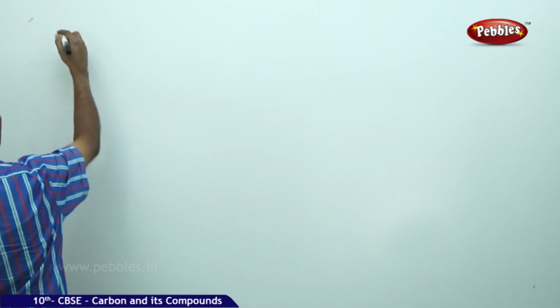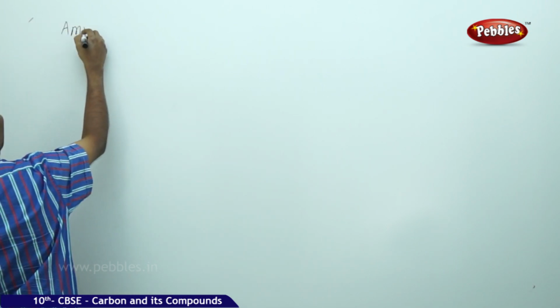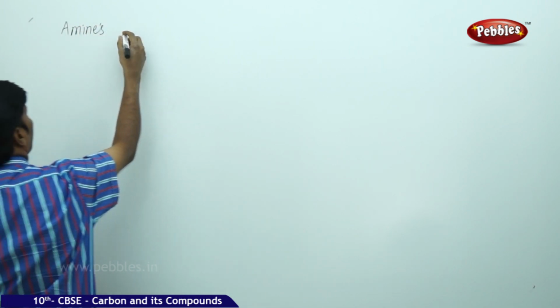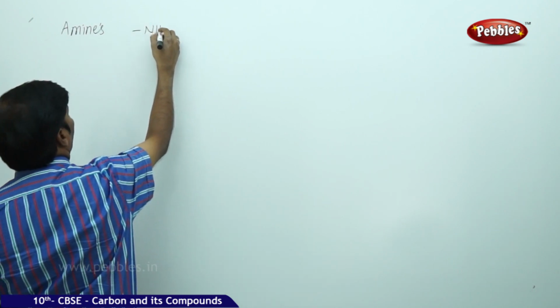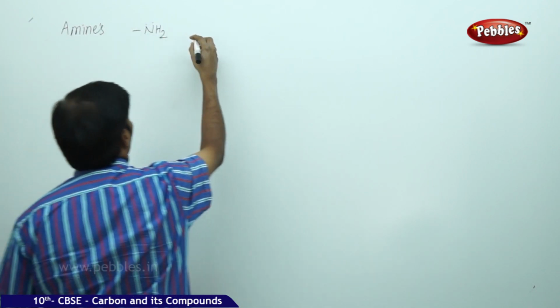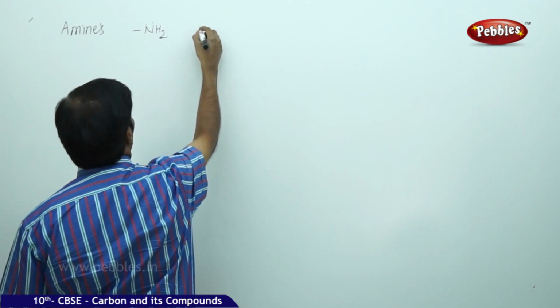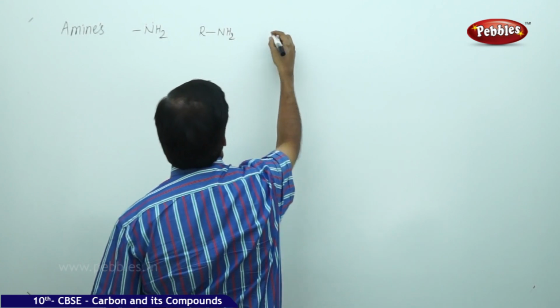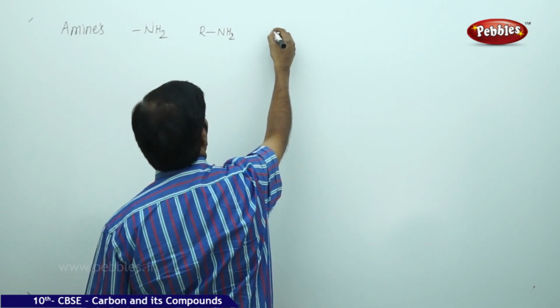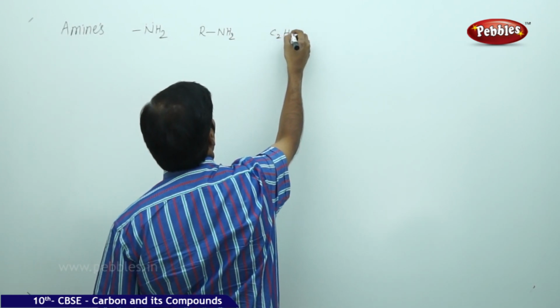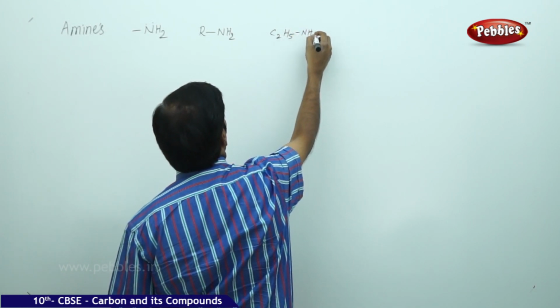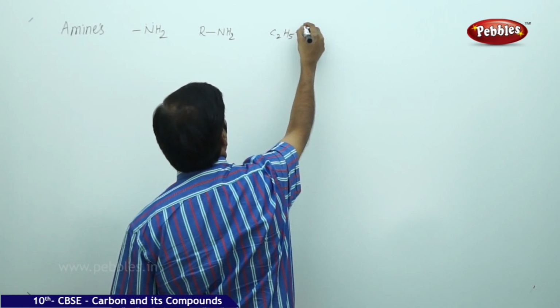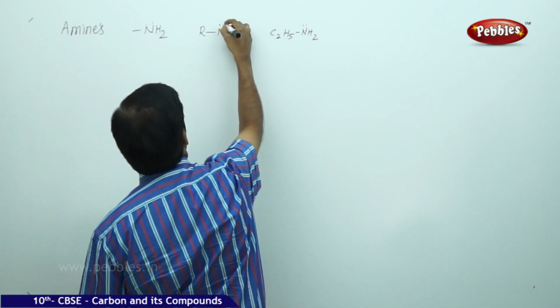So we'll go for the next class of organic compounds. Let us assume that the compound is amines. The functional group is NH2, and the general formula is R-NH2. As an example, you can take C2H5NH2 with a lone pair on nitrogen.